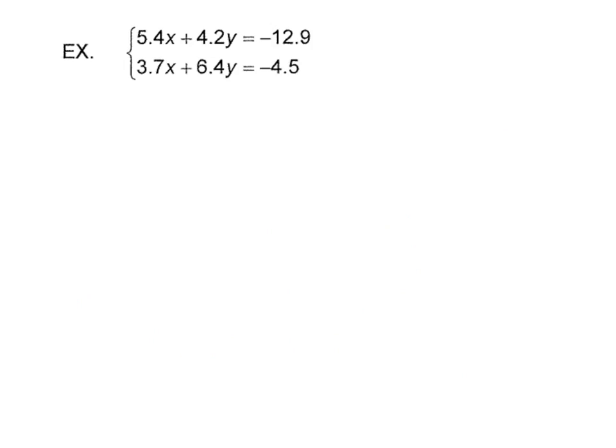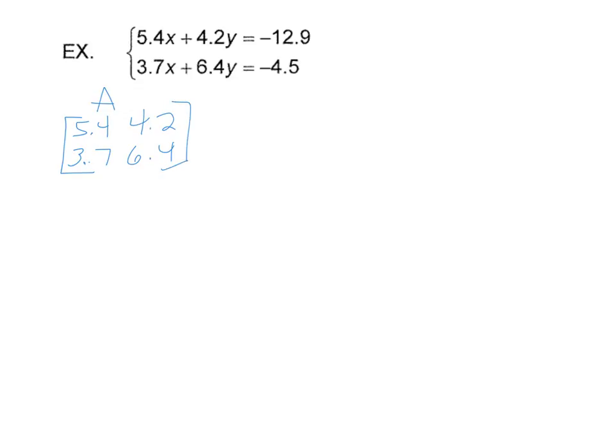We can use matrices and their inverses to solve systems of equations with more than one variable. So you see this system with 2 equations and 2 variables, x and y. We can write this in matrix form with the coefficients in matrix A, the variables in matrix X, and the constants in matrix B. In matrix A, we put all of the coefficients, 5.4, 4.2, 3.7, 6.4.